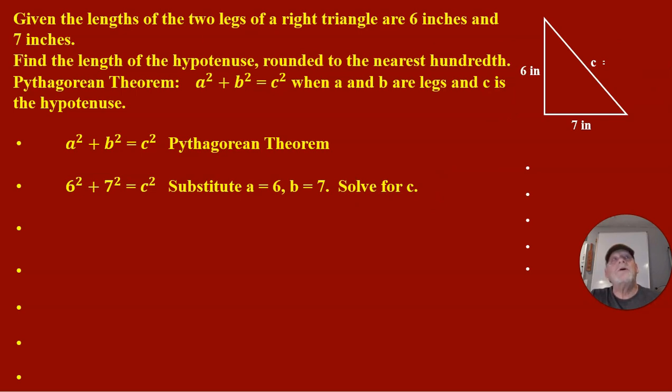And remember, there is a right angle in a right triangle. It's right here. And the side opposite is your hypotenuse. And we can call this side a and this side b, and the two legs are interchangeable.